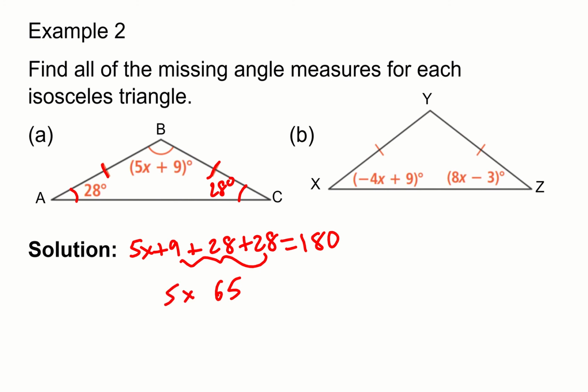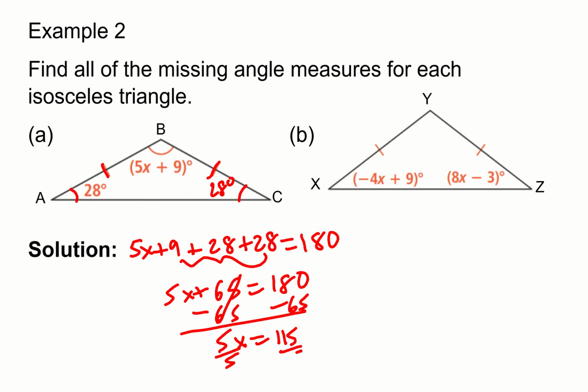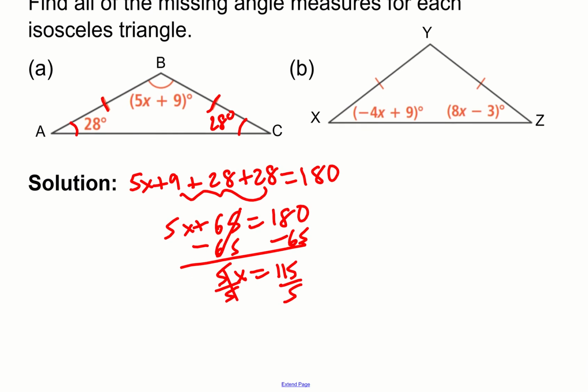Then we have 5x plus 65 equals 180. We'll subtract 65 on both sides. So we have 5x equals 115. We can divide by 5 on both sides, and we get x. And so we have x equals, so 5 goes into 115, 5 goes into 11 twice, so it'd be 23. So x is 23.